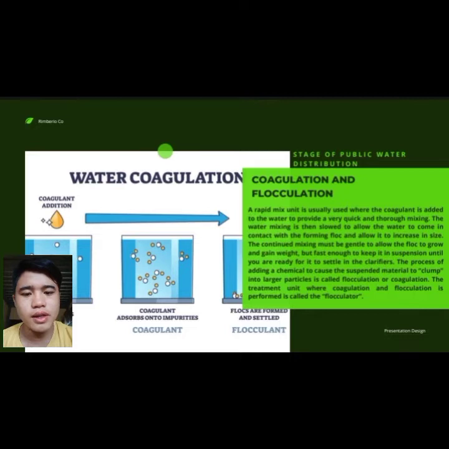The continued mixing must be gentle to allow the floc to grow and gain weight, but fast enough to keep it in suspension until you are ready for it to settle in the clarifiers. The process of adding a chemical to cause the suspended material to clump into larger particles is called flocculation and coagulation. The treatment unit where coagulation and flocculation is performed is called the flocculator.